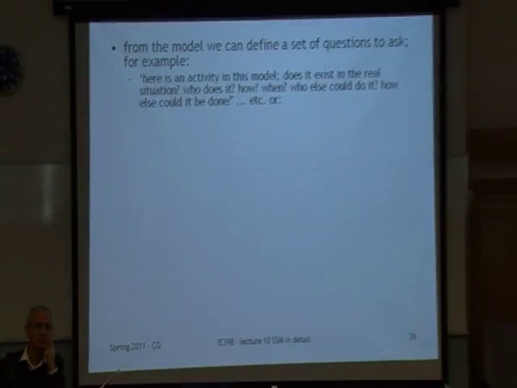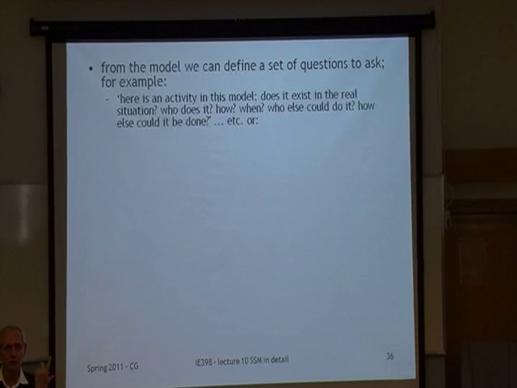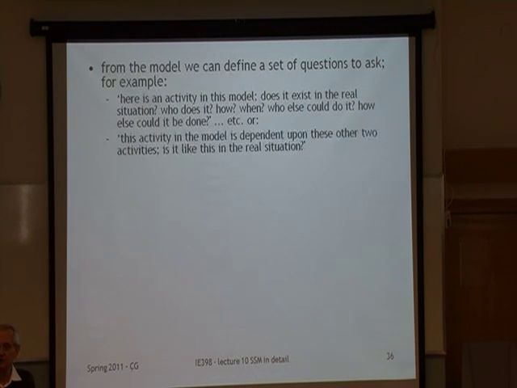And then you can put a question such as, does it exist in the real situation? If it exists, who does it? Who executes this activity? How? When? Who else could do it? How else could it be done? Etc. So several such questions can be posed in respect of each of the activities.